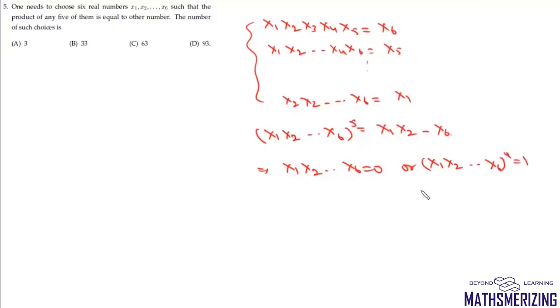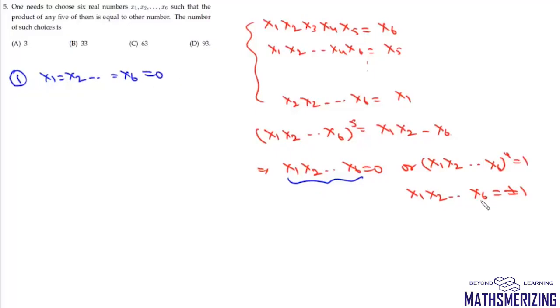Now we'll solve this condition. From here we'll get x1 x2 up to x6 will be plus or minus 1. Now when any one of them is 0, the others will be 0. Suppose x1 is 0, then x6 is 0, x5 is 0, x2 is 0. So one of the conditions is when all these numbers x1, x2 up to x6 are all 0.